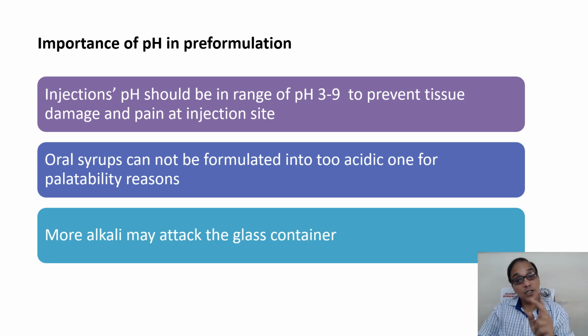So a stability issue may arise with respect to drug and packaging component compatibility, which will be aggravated when alkali is leaching out of the glass container and changing the overall formulation, affecting product stability. So the pH plays a very crucial role.